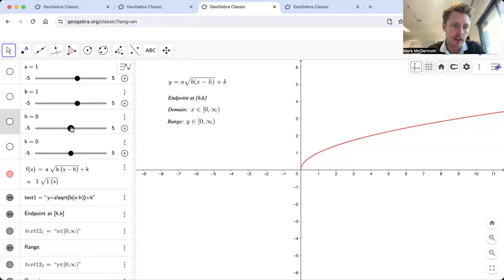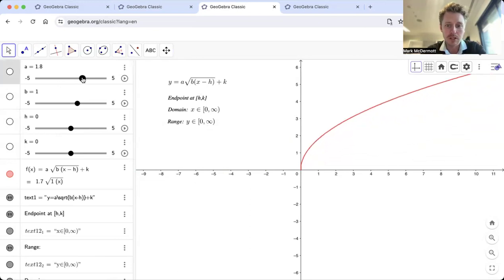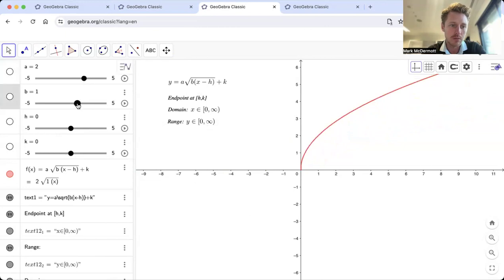Okay. And if we just think about the most basic graph, and put those back to 0, 0, 0. Think of our most basic graph. The domain is going to be from 0 inclusive to infinity. You can include 0 because as long as what's under the square root is equal to 0, you're fine. And then the range, as you can see, is going to be from 0 up to positive infinity. Okay, and then obviously again, dilation by a factor of 2 from the x-axis, dilation by a factor of 3 from the y-axis.